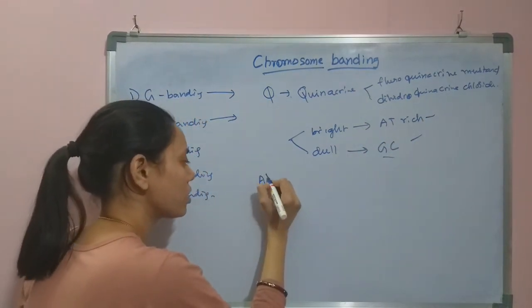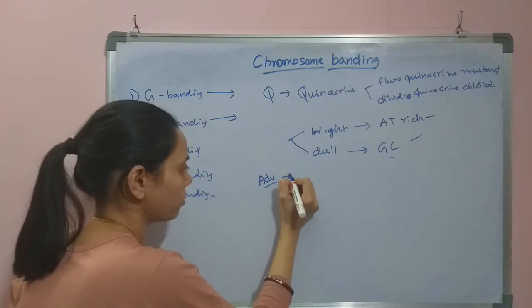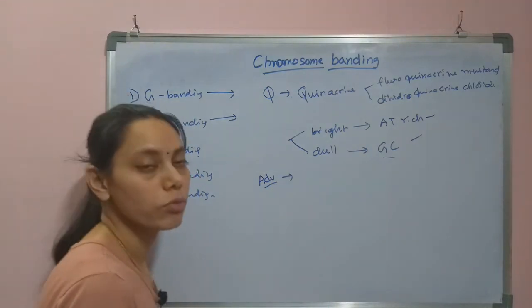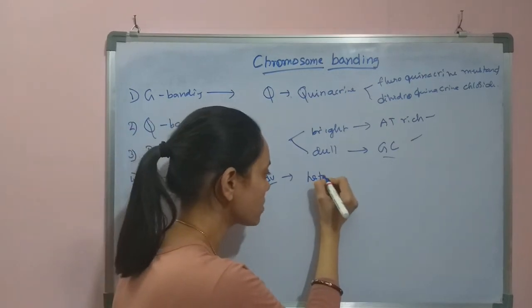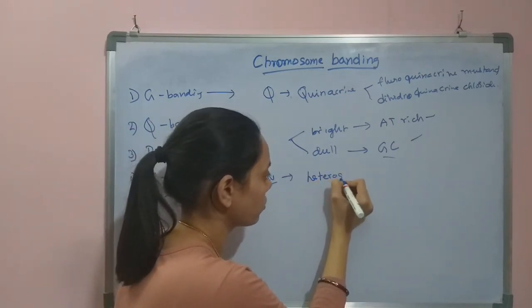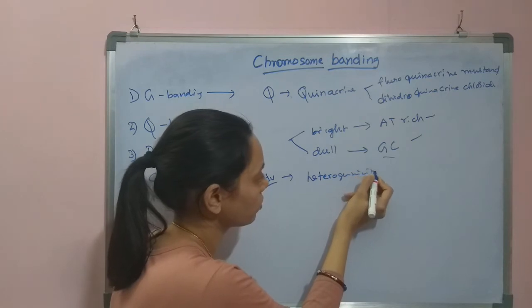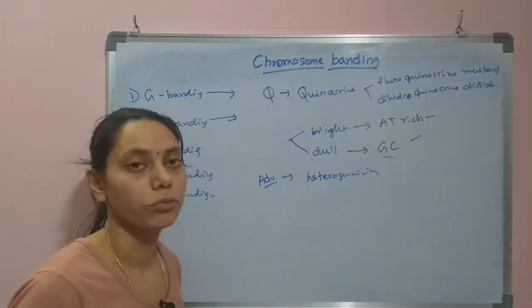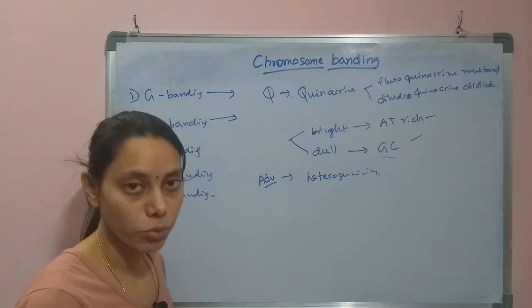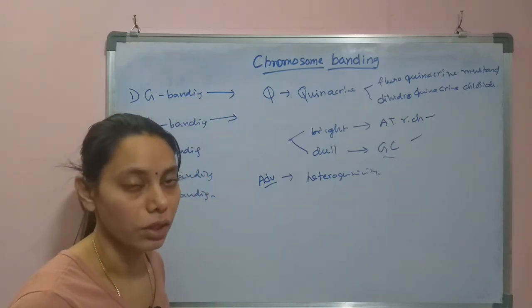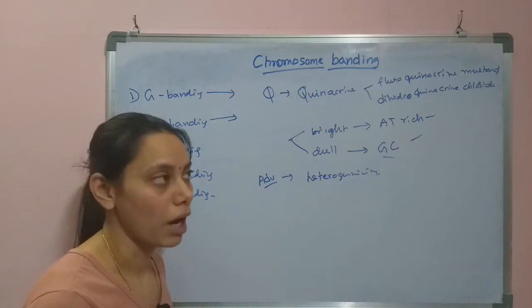Coming to the advantages of this method, we can find the chromosomal aberrations and heterogeneity of the chromosomes, similar to the other kinds of banding patterns.